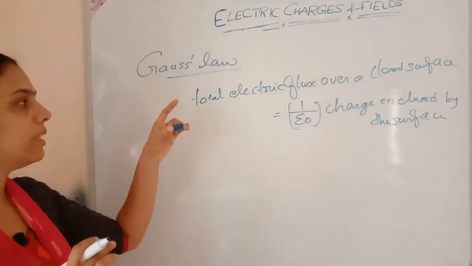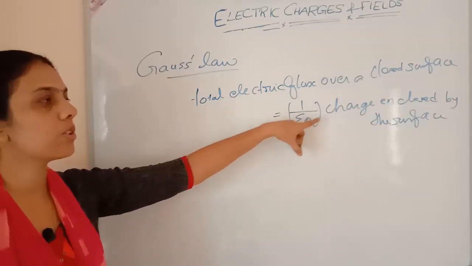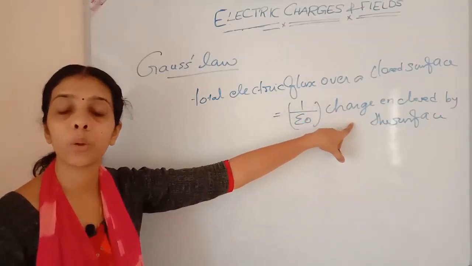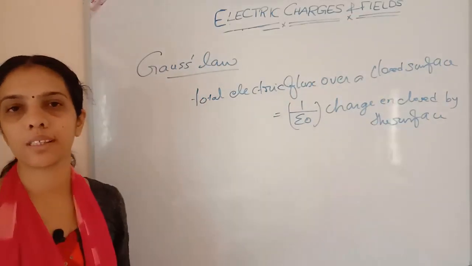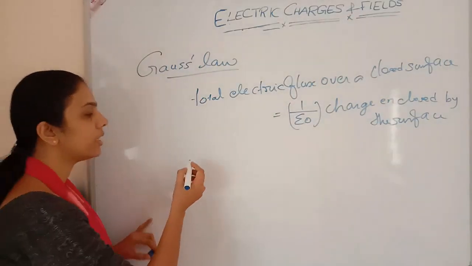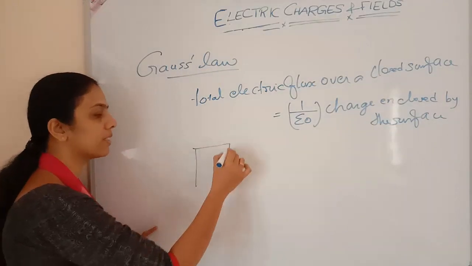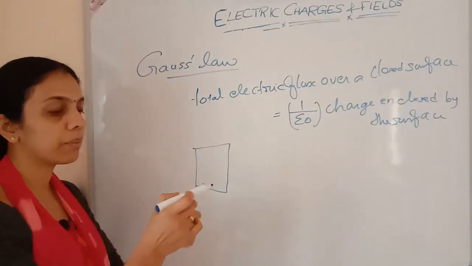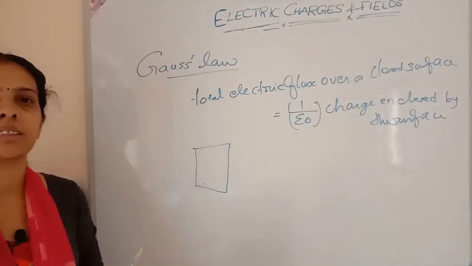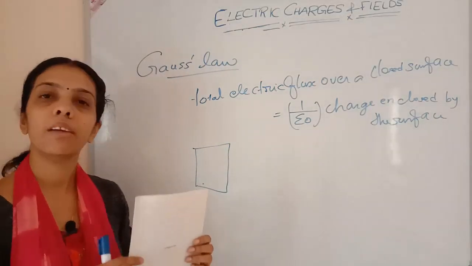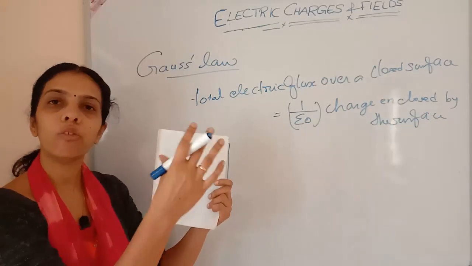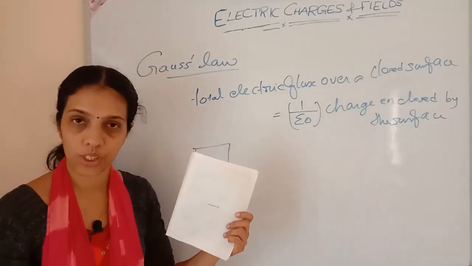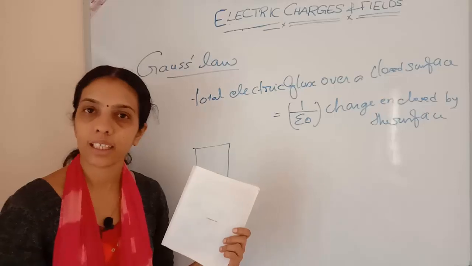So 1 by epsilon 0 times the charge enclosed by the surface will be equal to the flux over a closed surface. Suppose I am finding out the electric flux in a particular surface, now how many electric field lines are coming outside? That will show the electric flux, right?